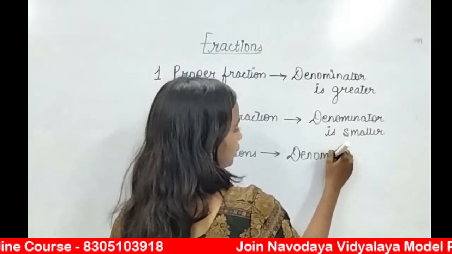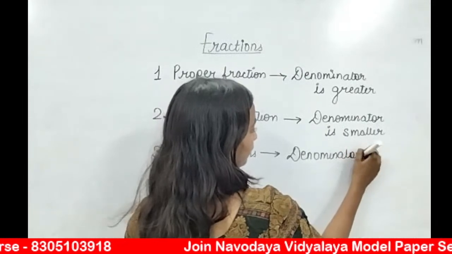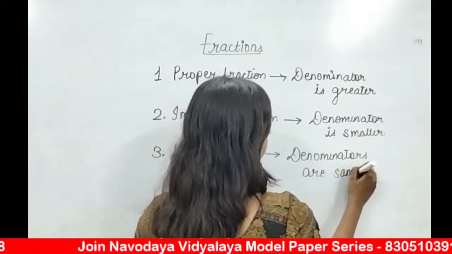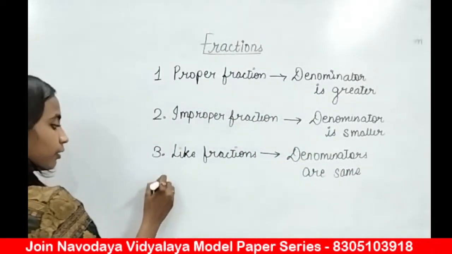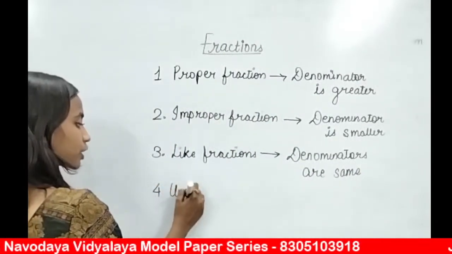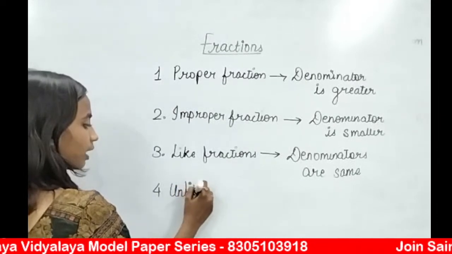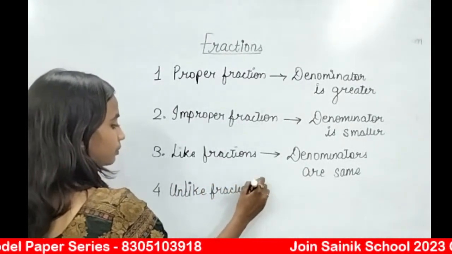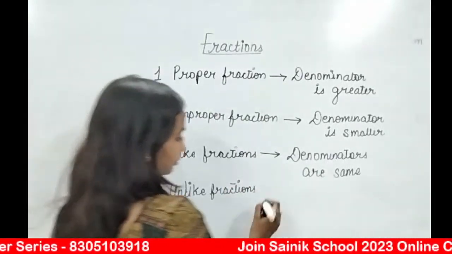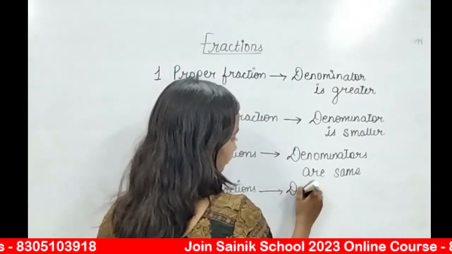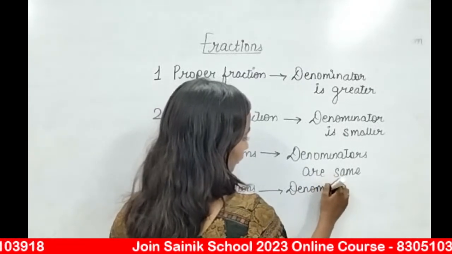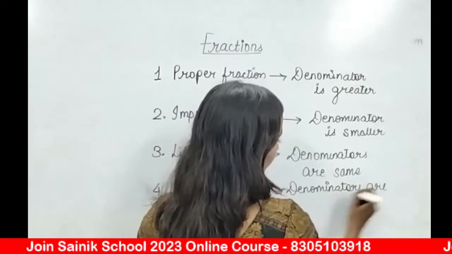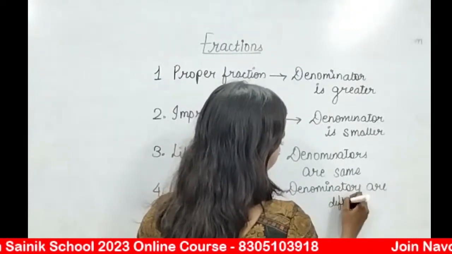In the like fraction, denominators are same. And fourth one, in the unlike fraction, the denominators are different.